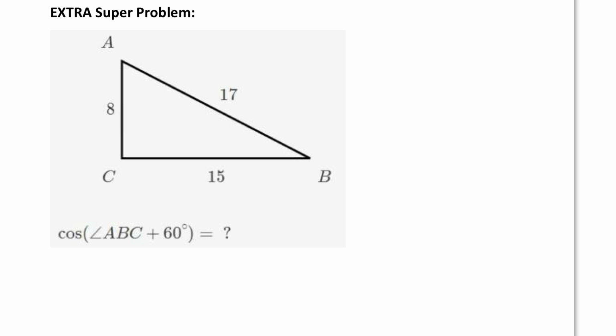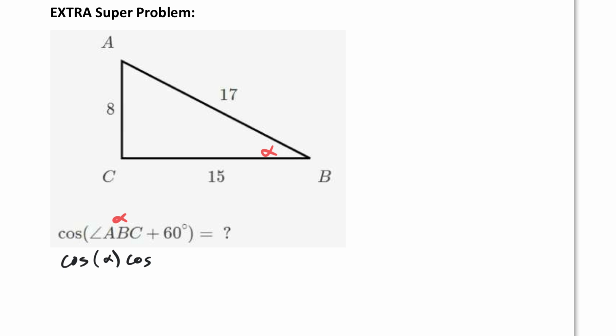All right, so assuming you paused it and gave it a try, cos of angle ABC means we go A, B, C. So we can put a little alpha in there. That's the angle we're looking for. Well, actually, we're not looking for the angle. We're looking for cos of that angle plus 60. Okay, well, we know the formula is cos alpha, cos beta.